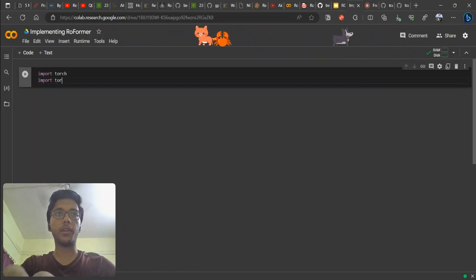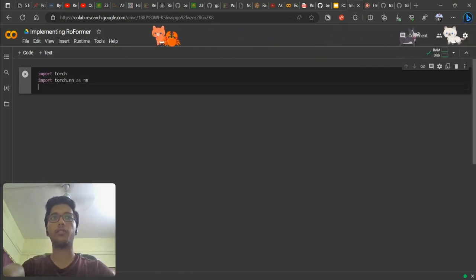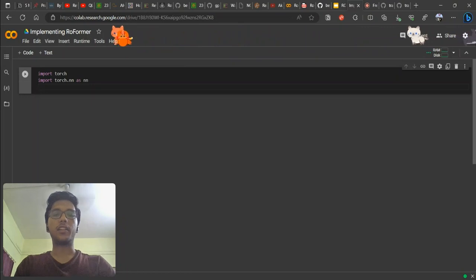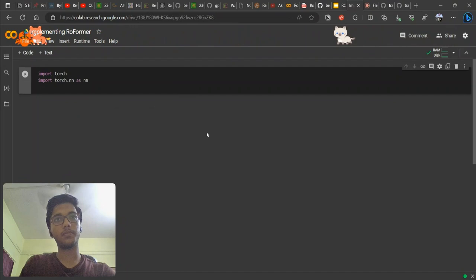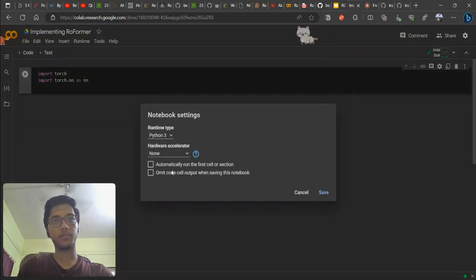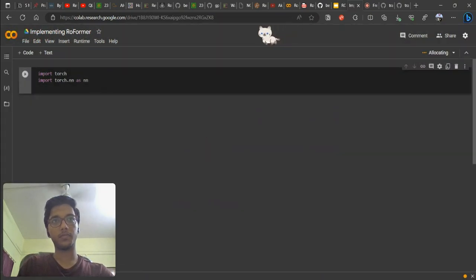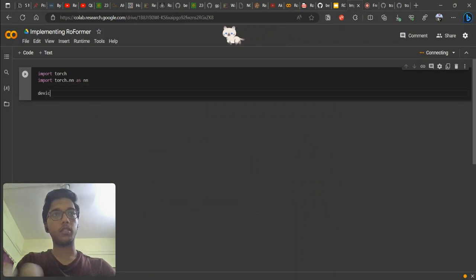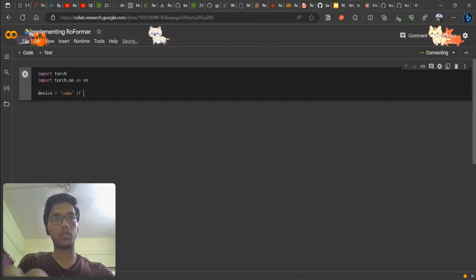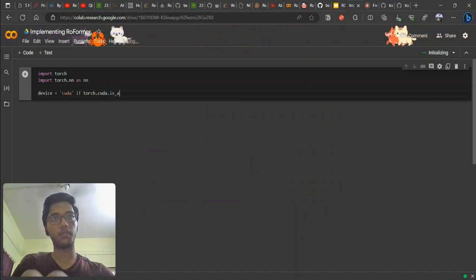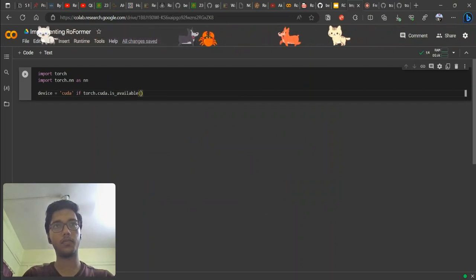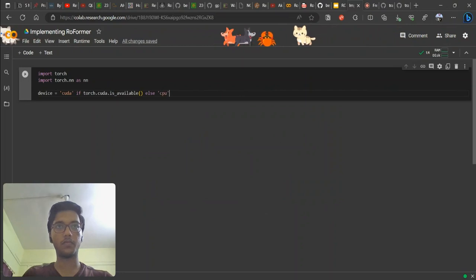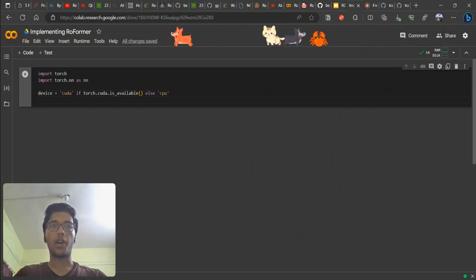Okay, import torch. We are currently importing the libraries, normal PyTorch code, and I need to set the device equal to cuda.